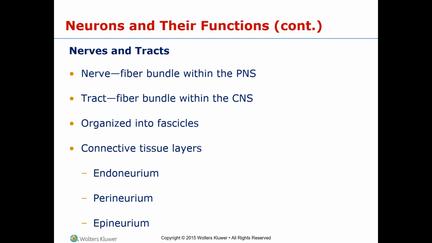So that which is lining the nerve fiber itself is called the endoneurium. That which is bundling a bunch of fascicles together is called a perineurium. Then when you have a bundle of fascicles, that is being encased by the epineurium.